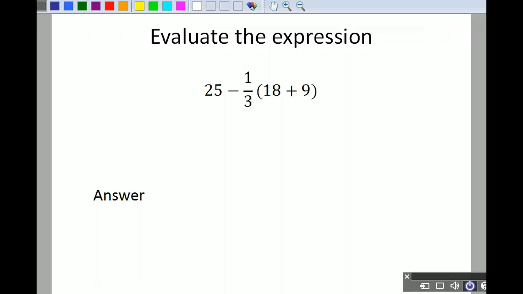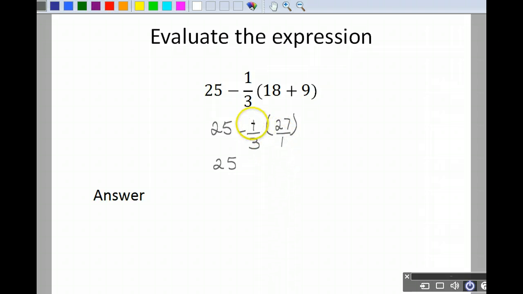So now I've got 25 minus 1/3 times 18 plus 9. First I'm taking care of the parentheses. 18 plus 9 is going to give me 27. Don't let this fraction scare you. So I have 25 minus 1/3 times 27.